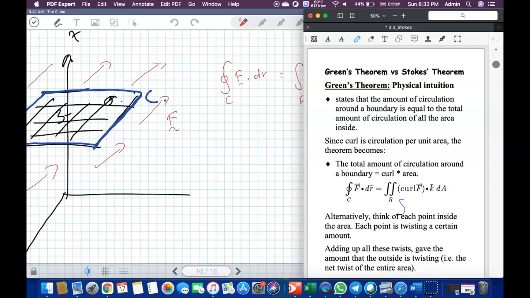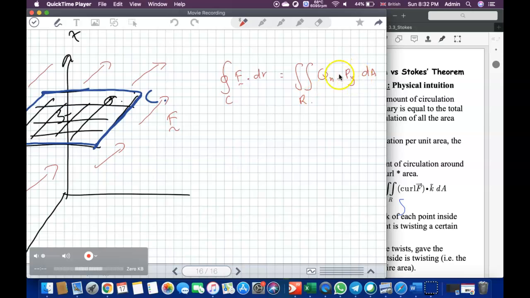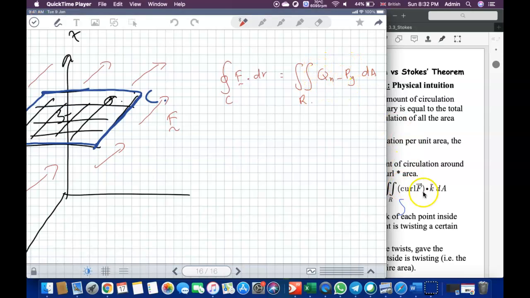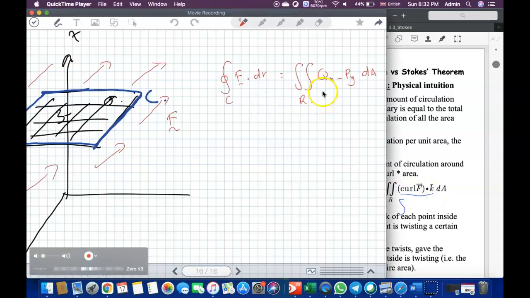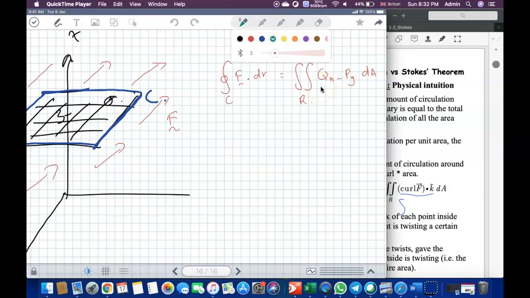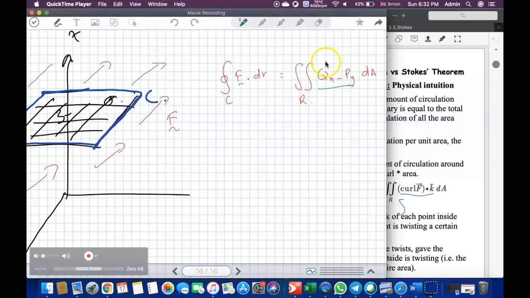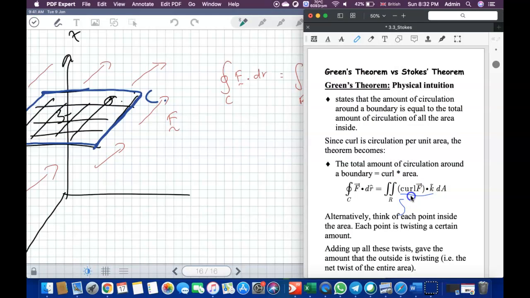Qx minus Py is actually curl F dot k. Since this is a bit messy, we just simplify to reduce the complexity and compute Qx minus Py. For information, Qx minus Py comes from curl F dot k.